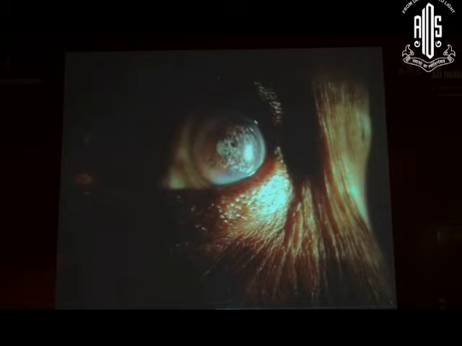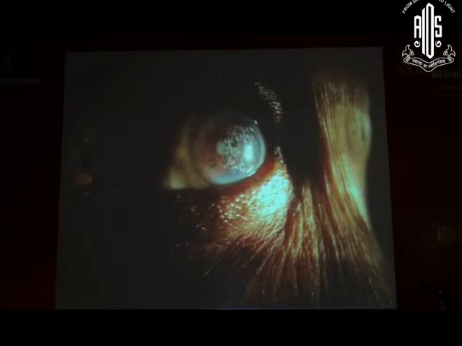Because when you are trying to do lamellar keratoplasty, there is a good chance that you may perforate the Descemet's membrane and you may have to do penetrating keratoplasty also. So if the examiner asks why you want to postpone even the lamellar keratoplasty, because the chances for rejection is less, even then you want to postpone. It is because there is a chance for this case turning up as a penetrating keratoplasty.